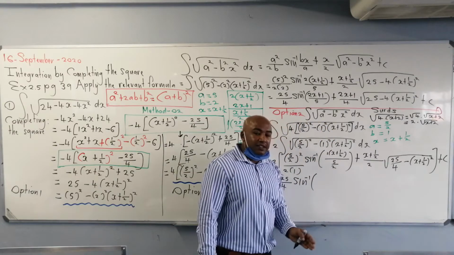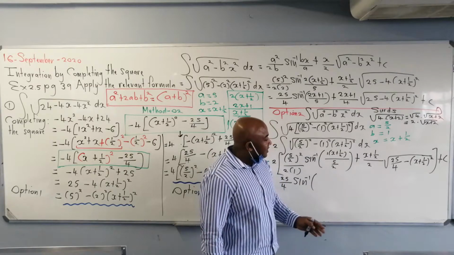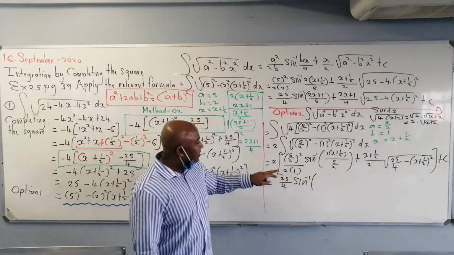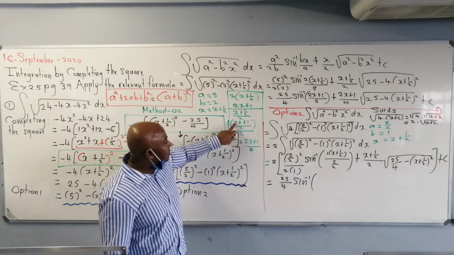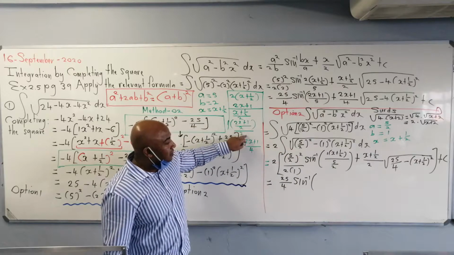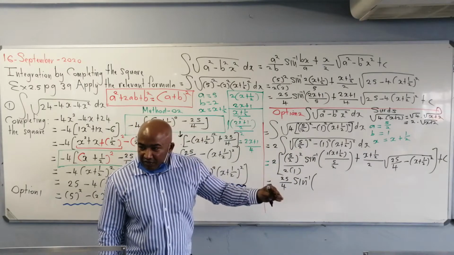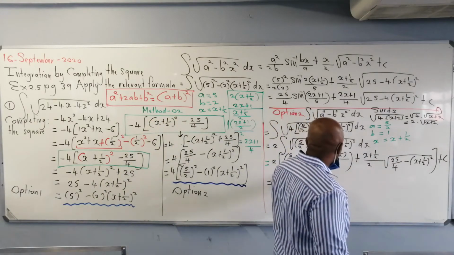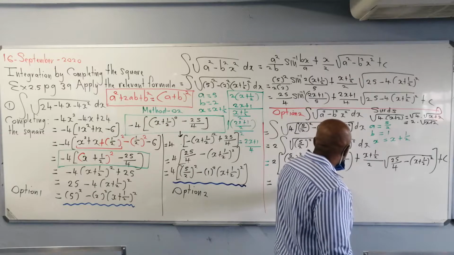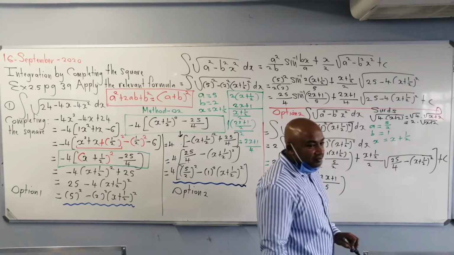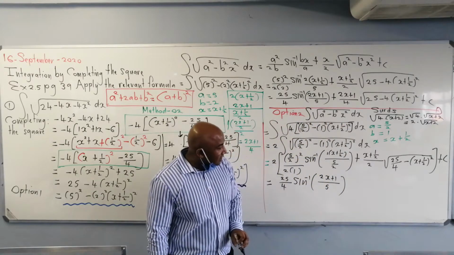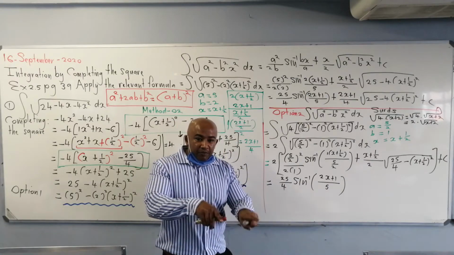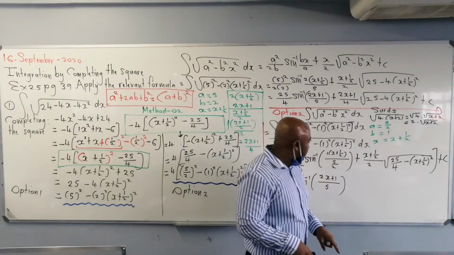I'm going to simplify this here also. So my LCD, I think I did show you here. If I simplify the numerator, it's going to be 2x plus 1 over 2, and the denominator is 5 over 2. If I invert and multiply, it's going to become 2x plus 1 over 5. You can write that down. Your 2 and 2 will cancel because we are dealing with fractions there.